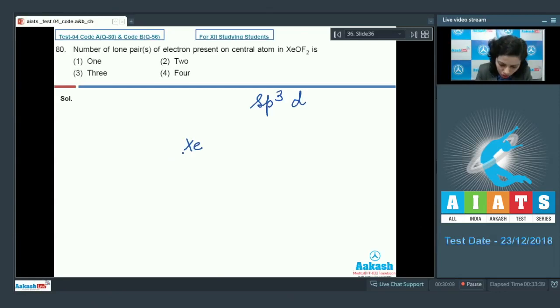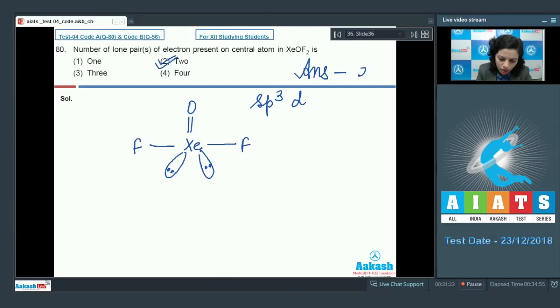So there are the two lone pairs in this way. This is the structure, and you can clearly identify the total number of lone pairs present here. Two lone pairs are present, and this is our correct answer also. And let's check question number 81.